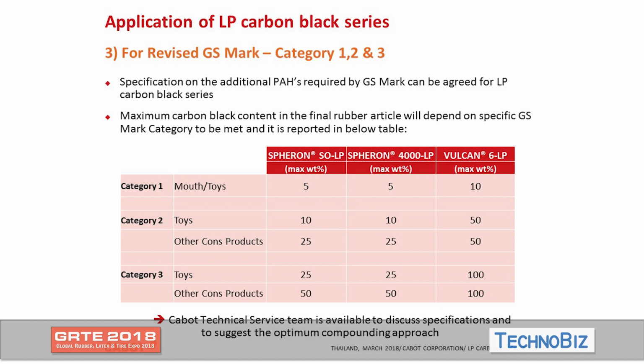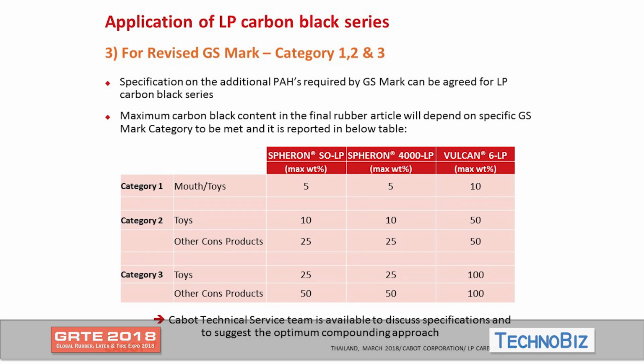The maximum loading can be very different for category 1, category 2, and category 3. Category 1 is linked with mouth contact and also toys, particularly toys for babies that have a possibility of contact with a baby's mouth. The maximum loading is only 5% for these two grades, SPSO LP and SP4000 LP, and 10% for the Vulcan 6.